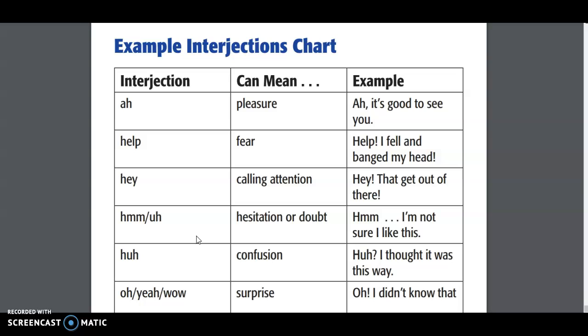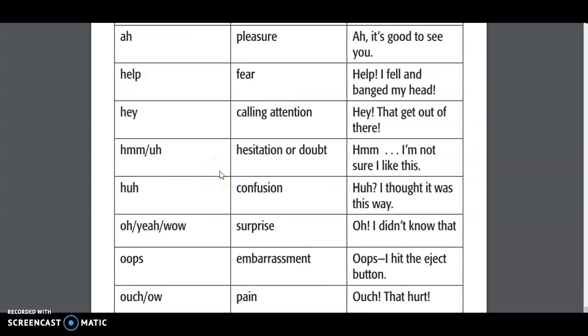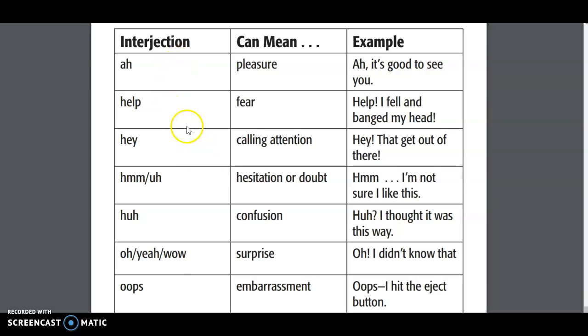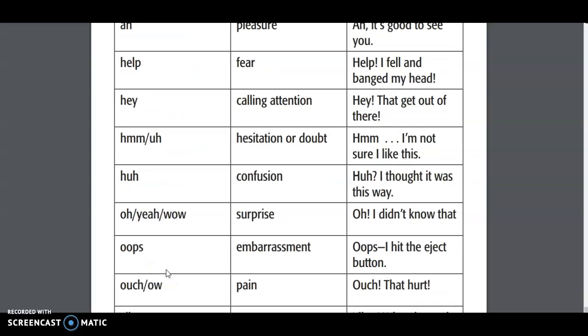So it might be used to show fear, or for help, and then he gives you an example. Help! I fell and I banged my head. Okay? Or, hey, getting attention. Any of these you can use in your dialogue. So see where in your dialogue you can try to insert some of these interjections, okay?